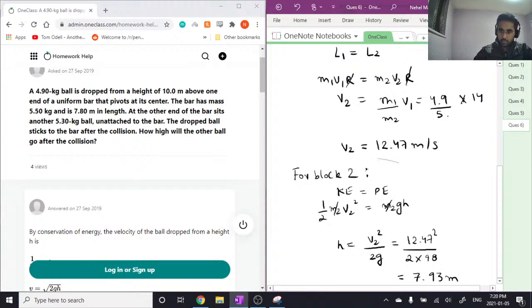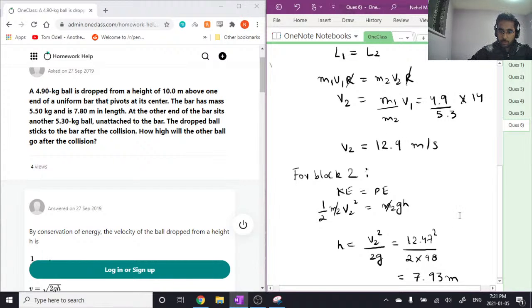So this is 5.3, which makes it 12.9. Okay, so this is indeed 12.9 meters per second.